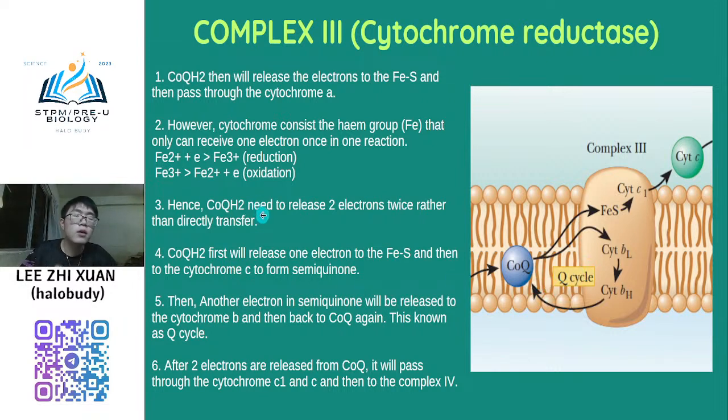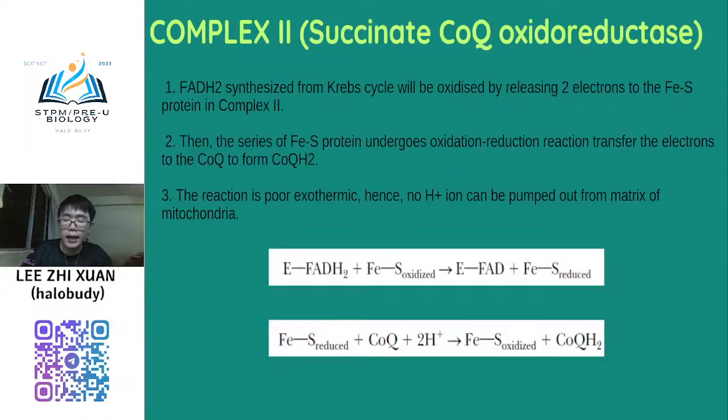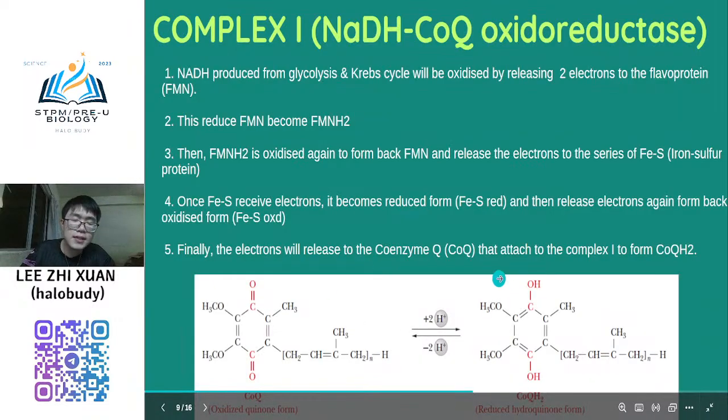So if coenzyme Q wants to release 2 electrons, one of the electrons will directly go to the ferrum FeS. How about the other electron? Another electron will go to cytochrome B, and then back again to coenzyme Q. So that is what we call the Q cycle.